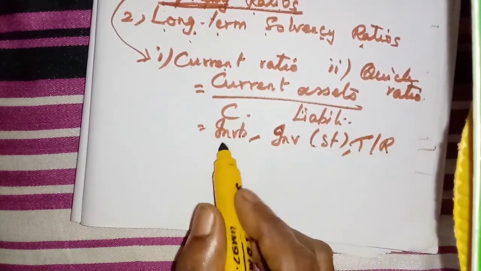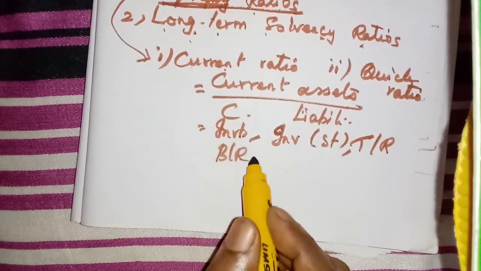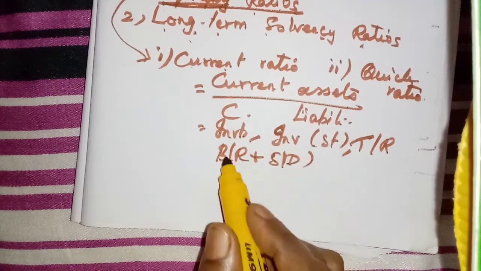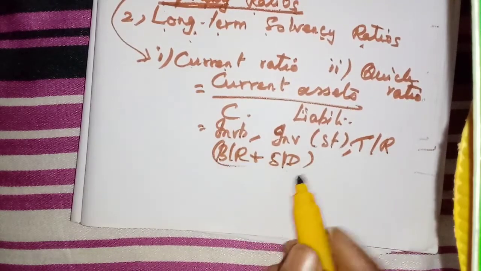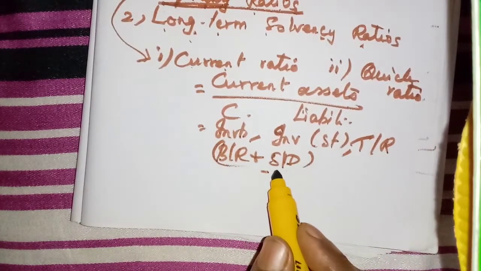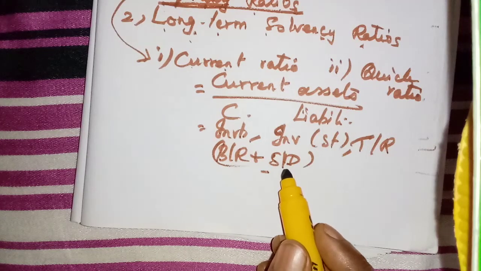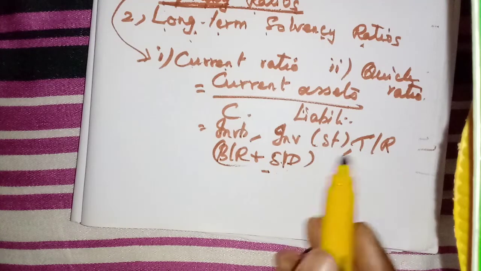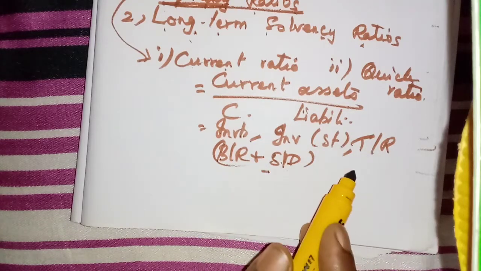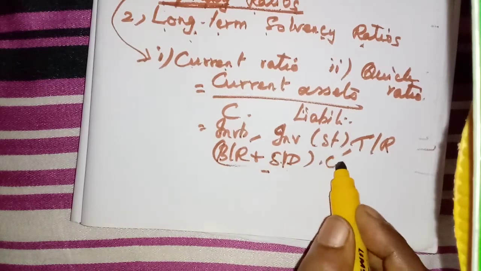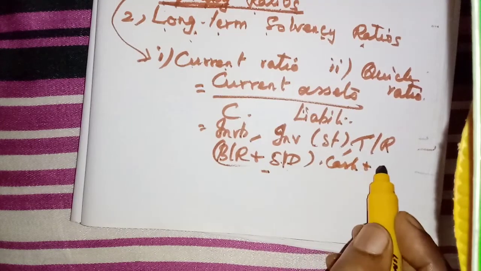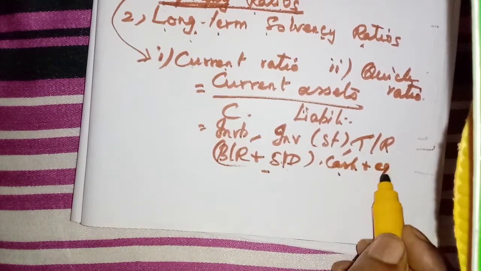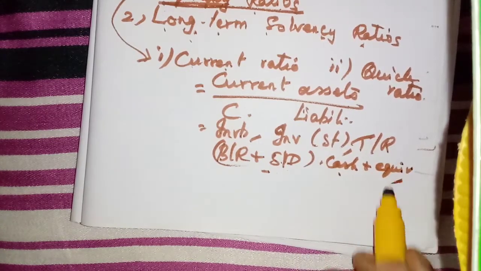Trade receivables means bills receivable and sundry debtors together, with sundry debtors minus provision for doubtful debt; we have to deduct that. That is called trade receivables. Then all cash and cash equivalent, maybe cash in hand, cash at bank.